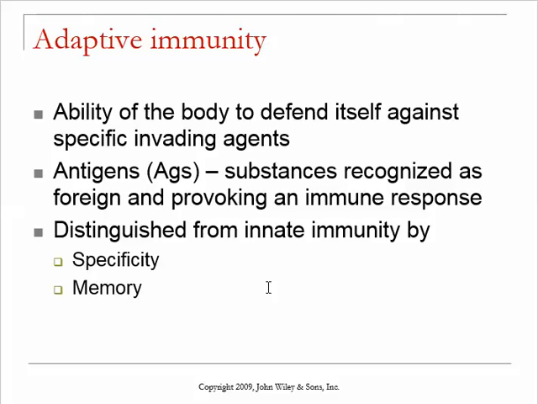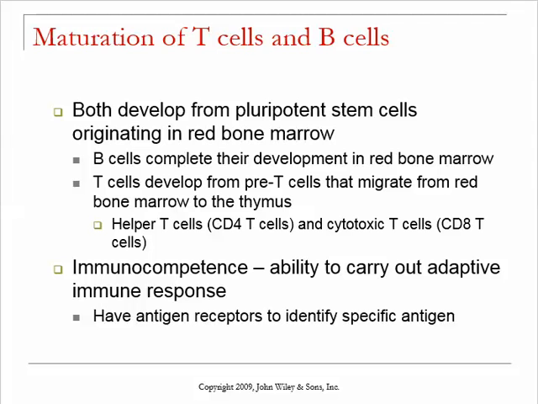So these are substances that are recognized as foreign, and they provoke the immune response. They make the immune response happen. Now, in the specific immunity, there are cells that actually respond to the antigen, and their whole idea is to eliminate that antigen.